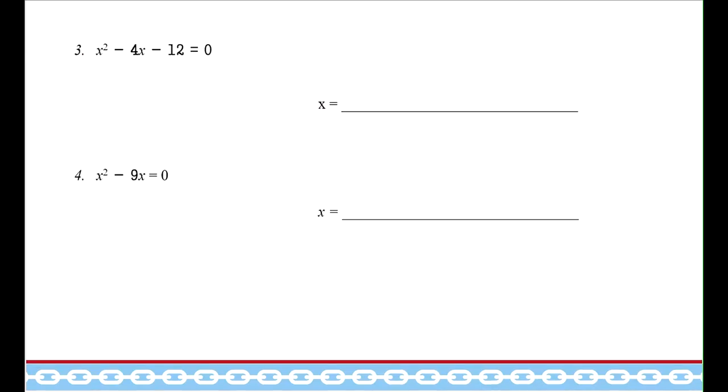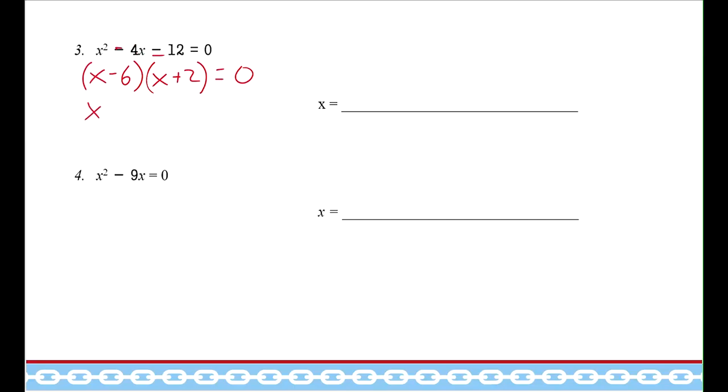Same for number 3. Factor pairs. I know that it's going to be x times x. And then to get this negative here, I'm going to need one negative, one positive. So I am going to use the factor pair of -6 and +2, because those would add then to the -4 here in the middle that I need.